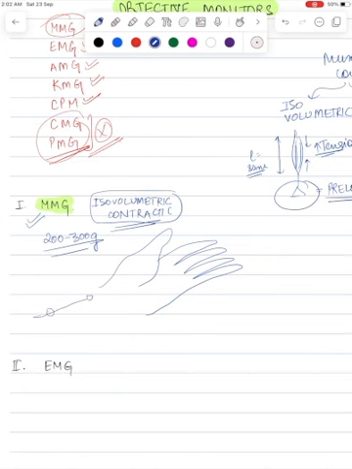So the ulnar nerve is stimulated, and there is going to be a sensor attached here, a preload that is attached to the thumb, and this preload and the thumb is then going to be attached to a force displacement transducer, which converts the tension being generated within the muscle into electrical impulses.